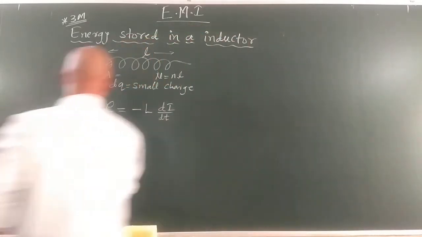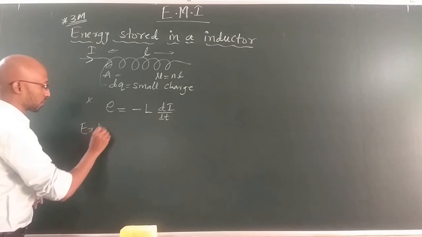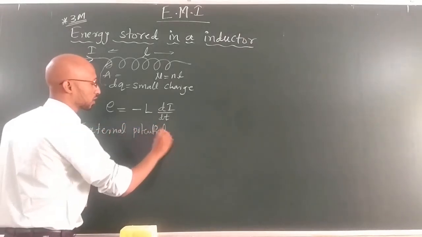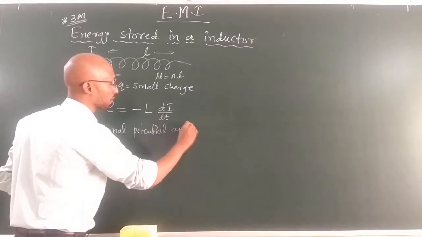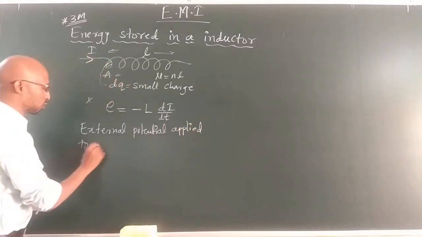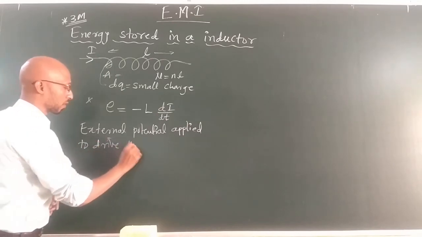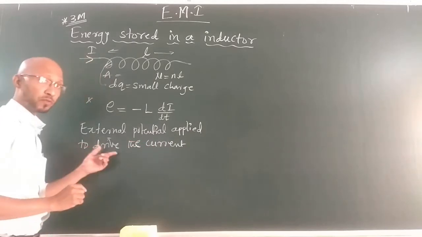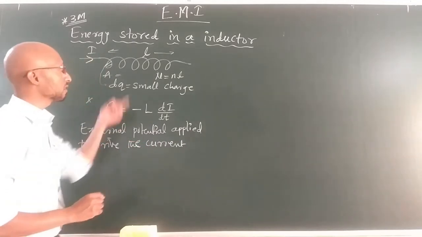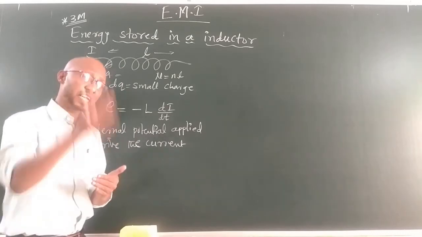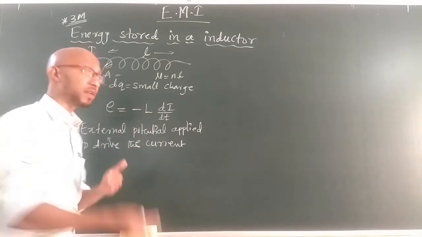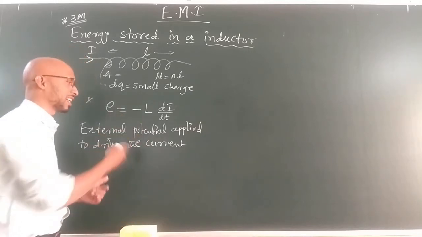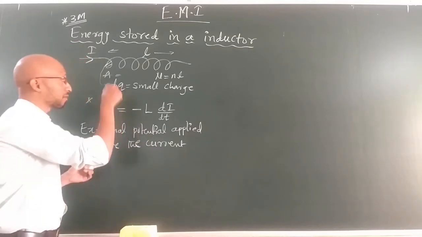Now the external potential applied to drive the current. For what purpose are we applying an external potential? Because in an inductor an induced EMF is generated. This induced EMF tries to oppose your applied current. That's why I have to apply an external potential to overcome that opposition.